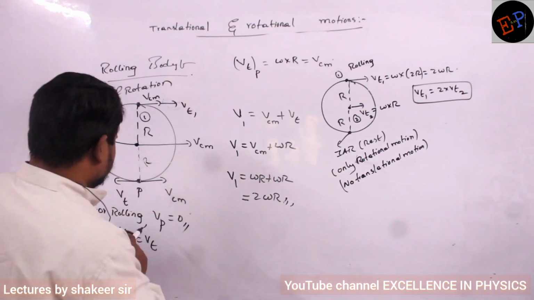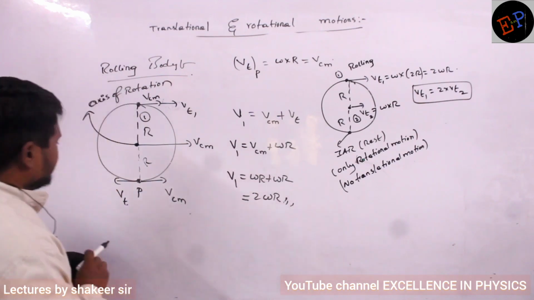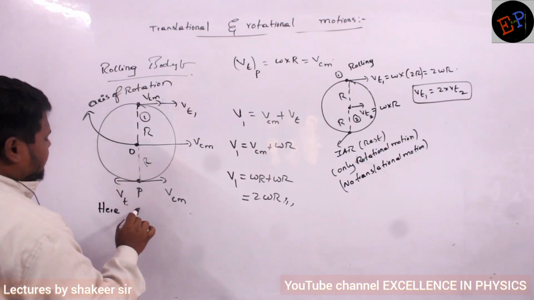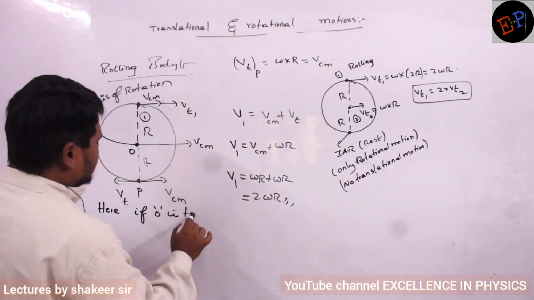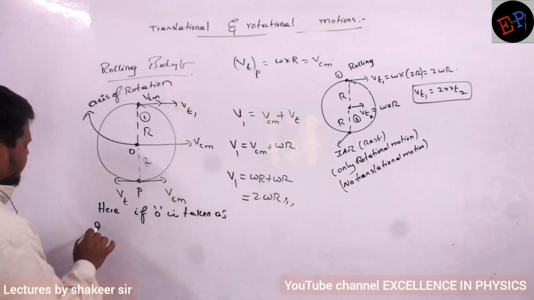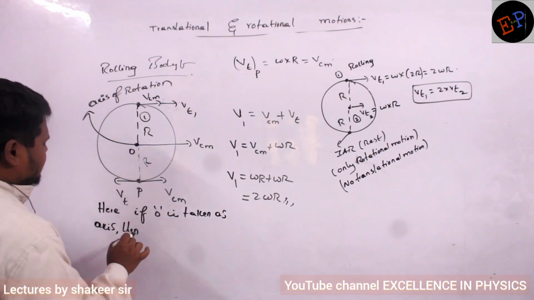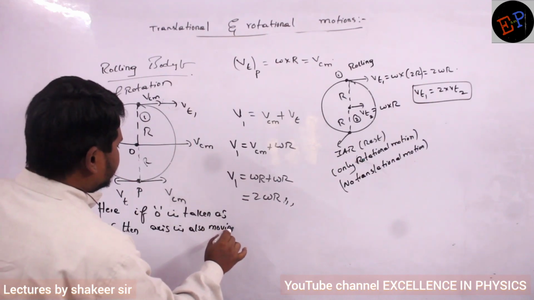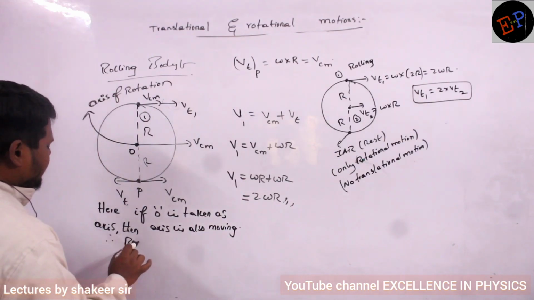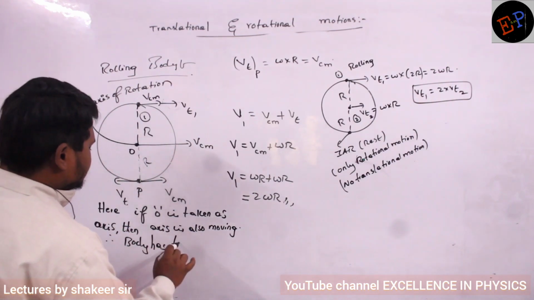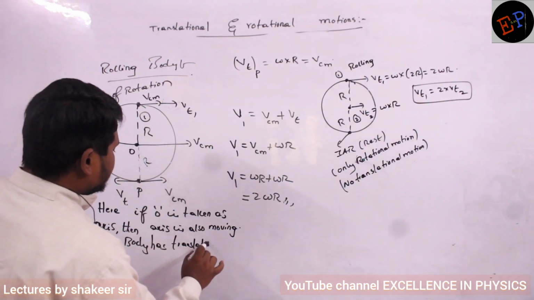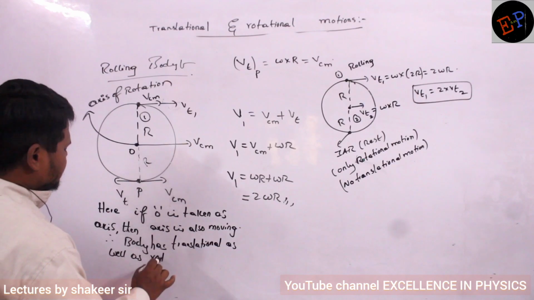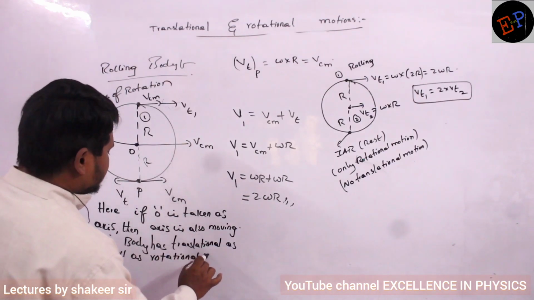So in this condition, let us call this point as point O. If O is taken as axis, then the axis is also moving. Therefore the body has translational as well as rotational motions.